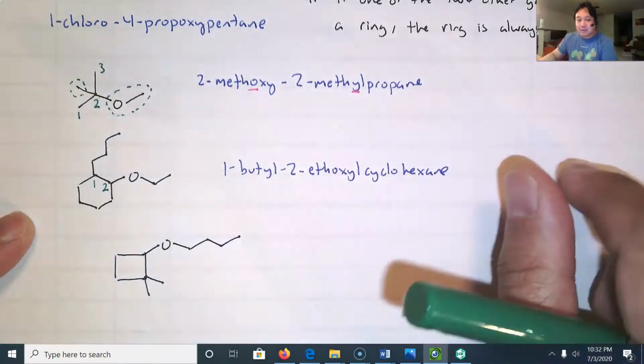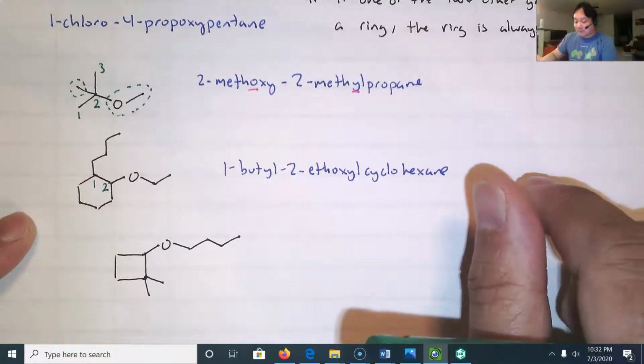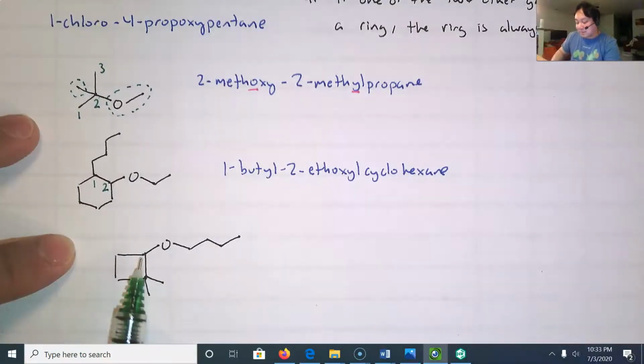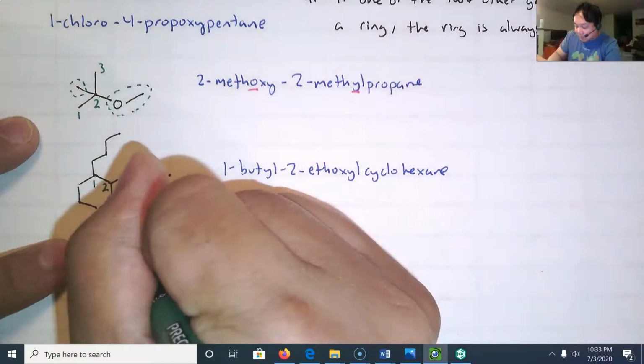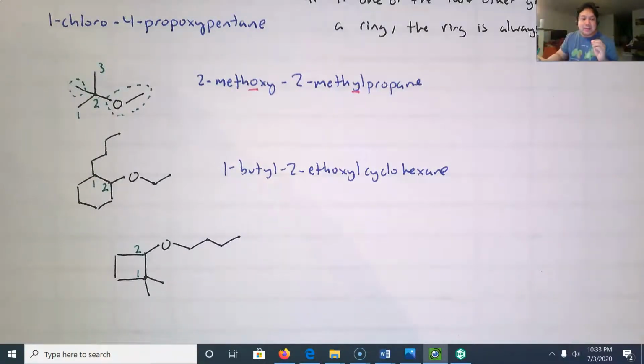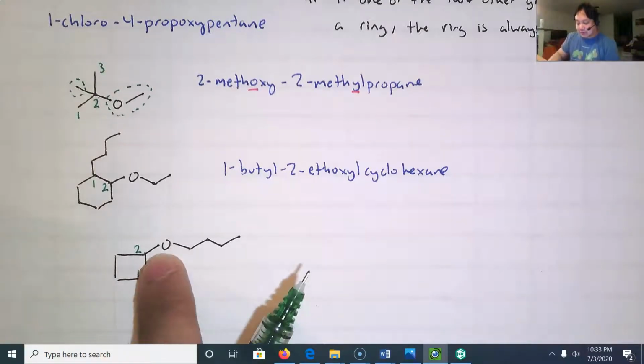How do we number this ring? We could either have this as carbon number 1 or this as carbon number 1. I'm going to choose this as carbon number 1 and this is carbon number 2 because that gives me a substituent on 1, 1, 2 because I have two methyl groups on 1.